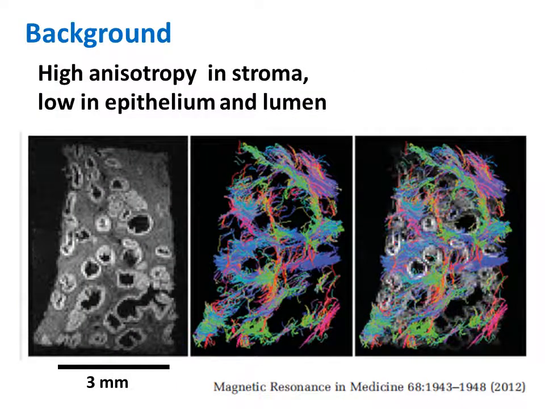And if you do a bit of fiber tracking, you find that the fibers are confined to the stromal tissue, and we can see essentially low diffusion anisotropy in the epithelial cells lining the ducts, and naturally low anisotropy in the lumen space where we have fairly free diffusion.